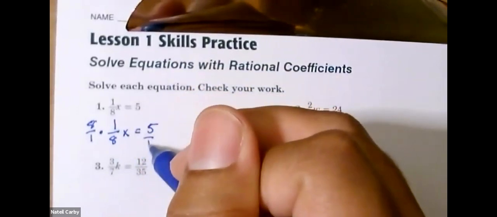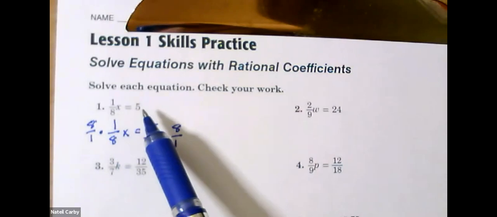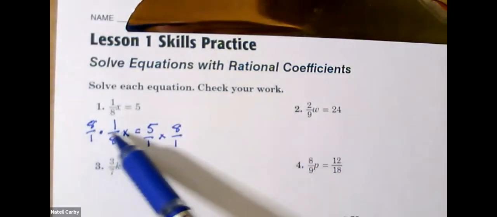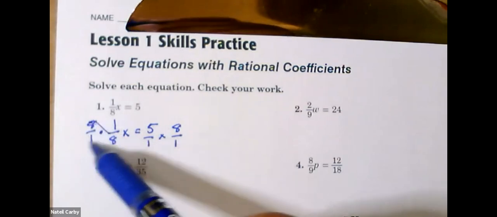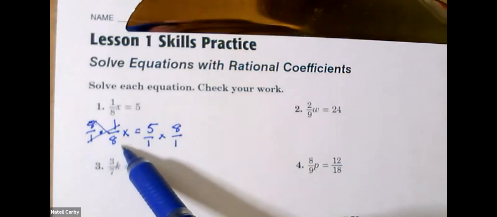And then we're going to do that on the other side as well, because what you do on one side, you've got to do to the other. We already know 8/1 times 1/8 cancels, because that equals 1, which is x by itself, 1x.